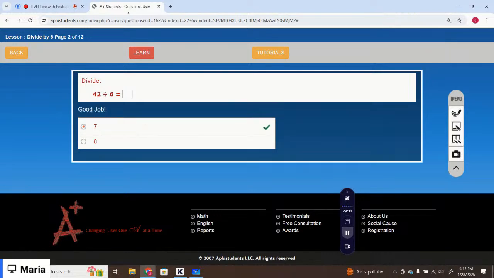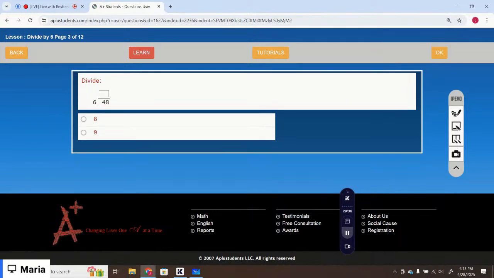Let's just move on to the next one. 48 divided by 6. So which is the correct option?